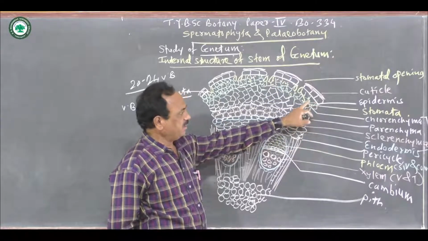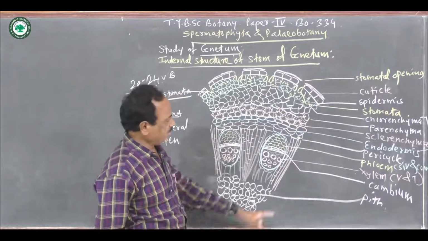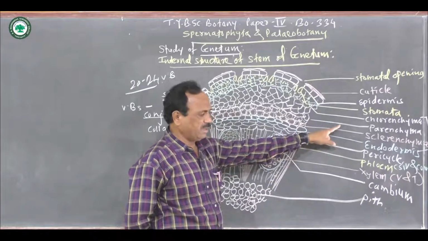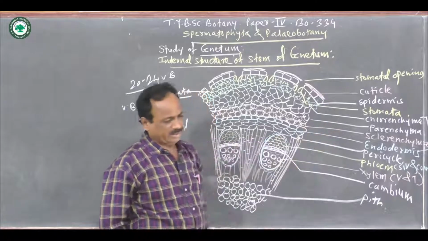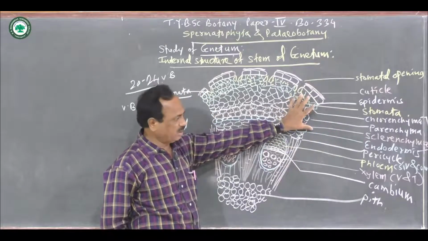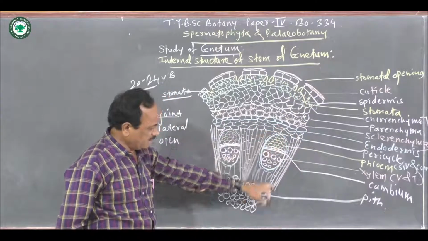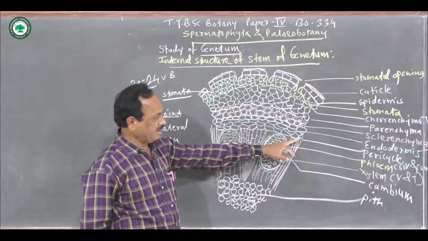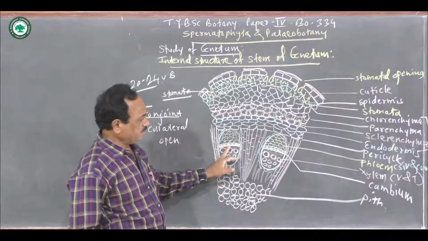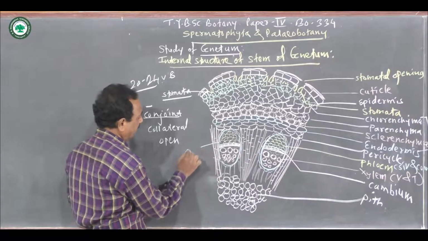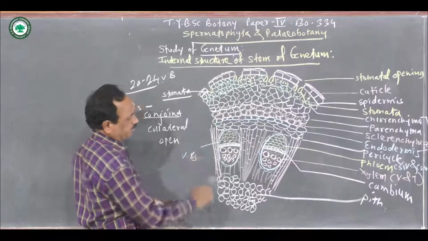Inner side to this, there is the presence of the cortex, which is differentiated into the outer chlorenchymatous layer, middle parenchymatous, and the inner one, that is the sclerenchymatous. So the cortex is differentiated into 3 layers, and inner side to this, there is the presence of stele showing the endodermis, pericycle, then the vascular bundles, which are conjoint, collateral, and open type.